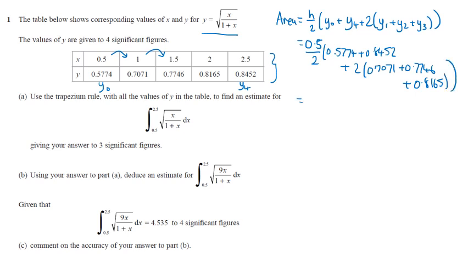Again, if we put all that together, we get 1.50475, and we want an answer to 3 significant figures, so that's 1.50.